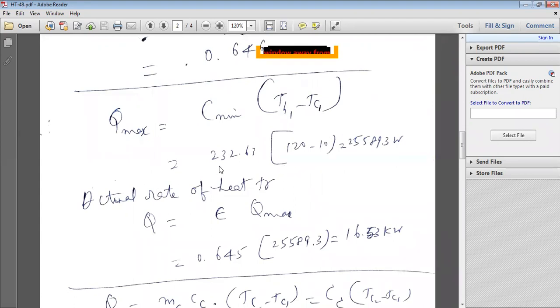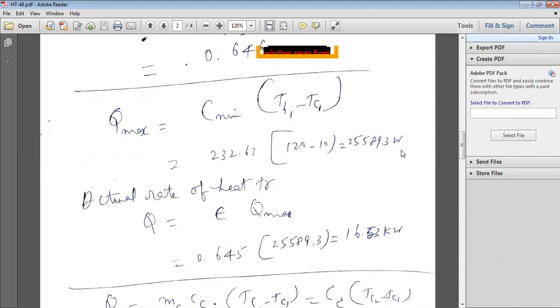Calculating 232.63 into 120 minus 10, that is 110, you get the maximum heat transfer rate, Q max, equal to 25,589.3 watts.